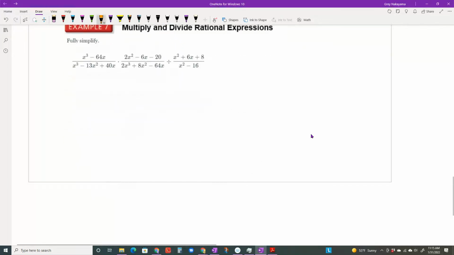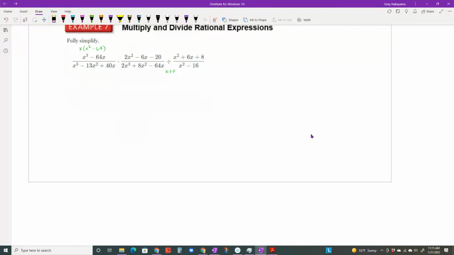So when you look at this long thing that we have here, notice that I have to keep, change, flip. But whenever I have a common factor, I write it on top. So this first term, x cubed minus 64x, has a common factor of x, leaving me with x squared minus 64.